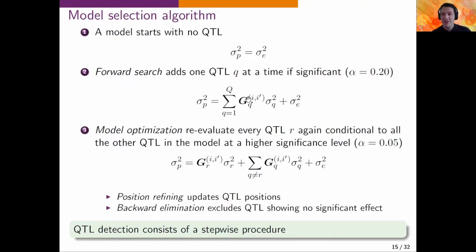And we iterate through steps 2 and 3, both under the significance level of 5% now. So 20% we just use for the first round of forward search. And then we go more stringent with 5% until no more changes are observed in the model. And this is what we call a stepwise procedure, right?